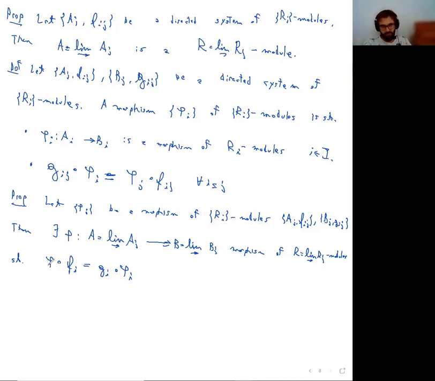And the thing is, if you apply the map before or after, it's the same. And we have a furthermore. If phi is injective or surjective for all i, then the limit is also injective or surjective.